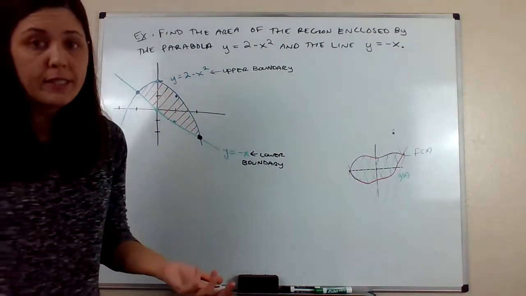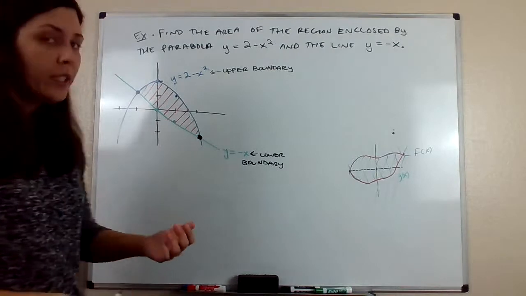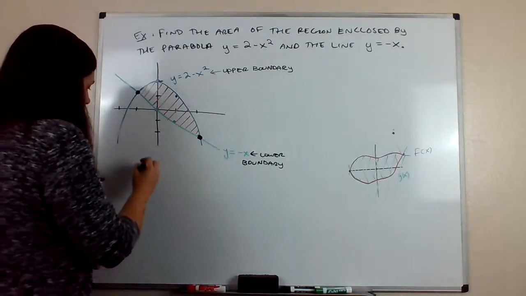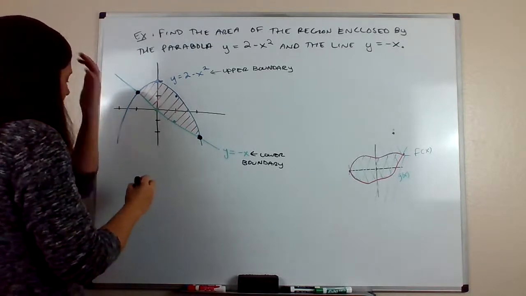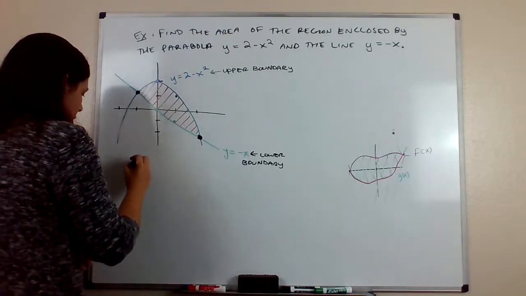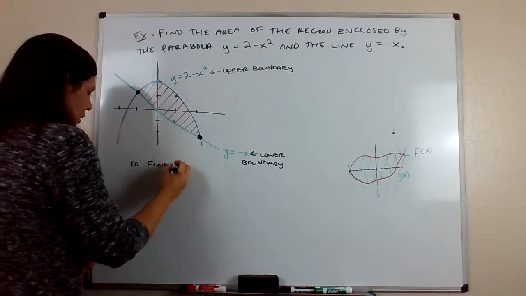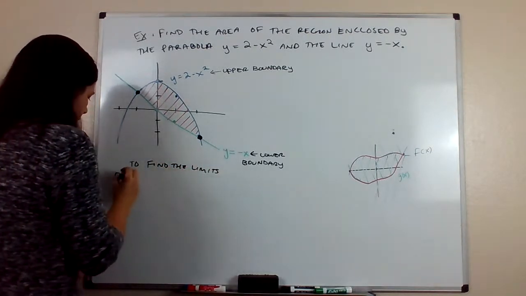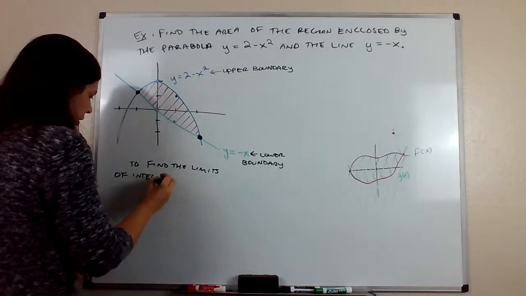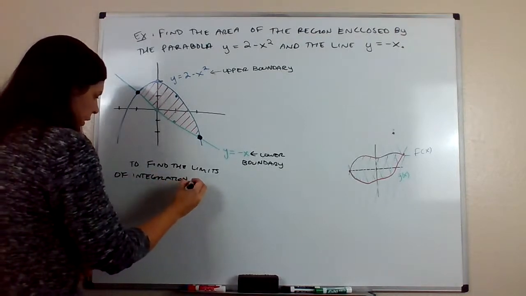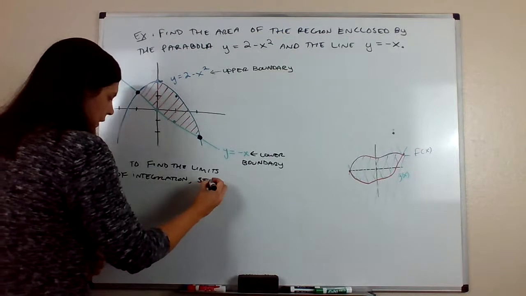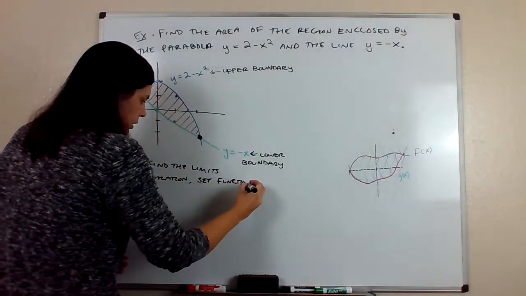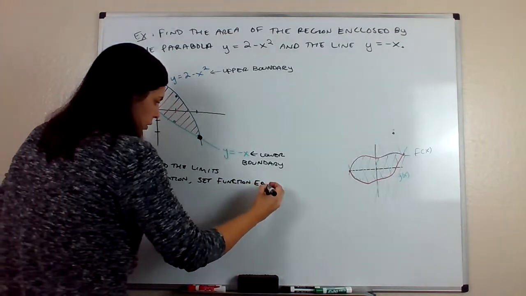Based on my drawing, I can tell what they are, but let's say my drawing's not that accurate, or I didn't even draw it in the first place. We're going to find it by figuring out where they meet. So to find the limits of integration, we'll set the functions equal to each other.